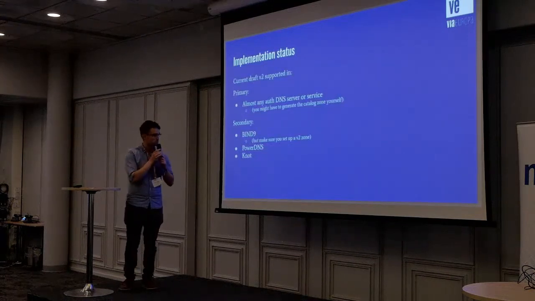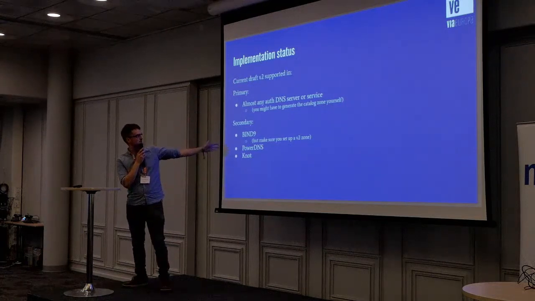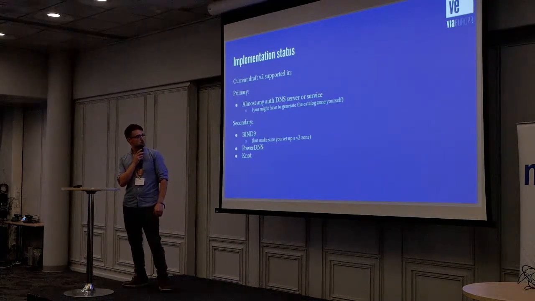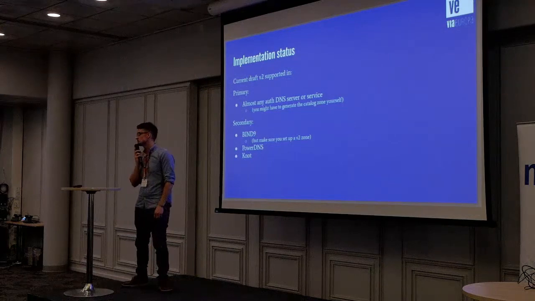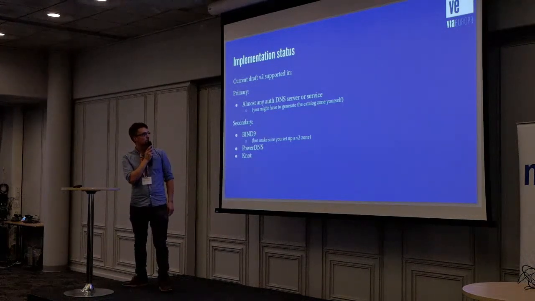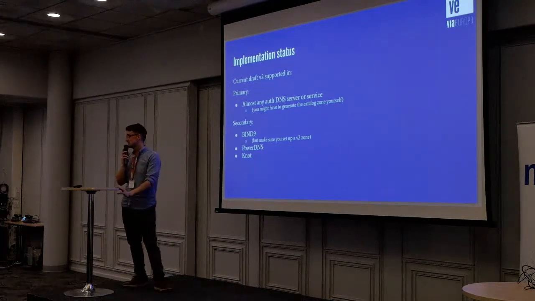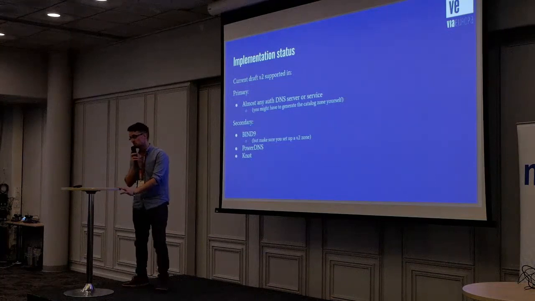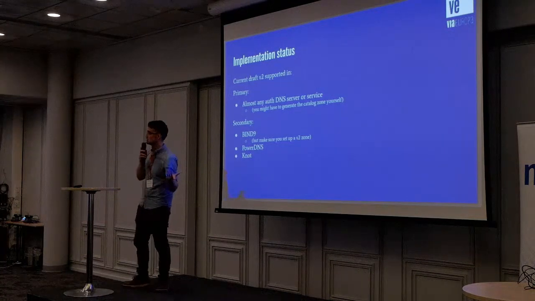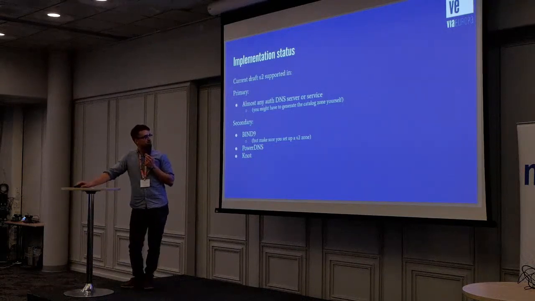As I was talking a bit about before, we have 3 different implementations implementing the catalog zone support on the secondary side, which is the one that matters really. Because on the primary side, it can be any DNS primary supporting notifies and zone transfers, which is pretty much all of them.